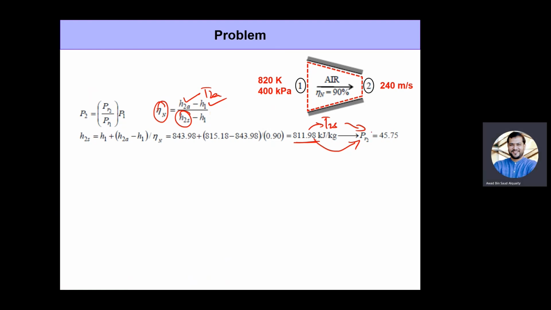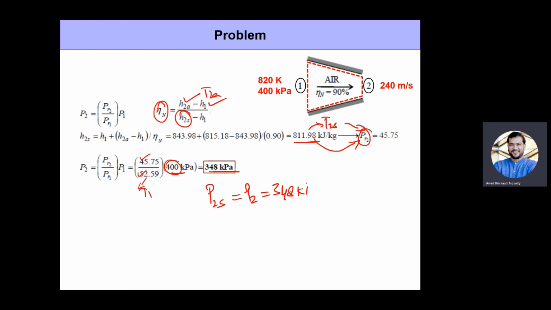Okay, so now I can put this number into the equation, PR2 by PR1. PR1 I obtained at T1, times P1, the pressure at the inlet, 400, is going to give me the pressure at the exit, 348 kilopascal. Now this would be exactly the same pressure if the process was isentropic. Okay, so P2S is equal to P2 at 348 kilopascal.